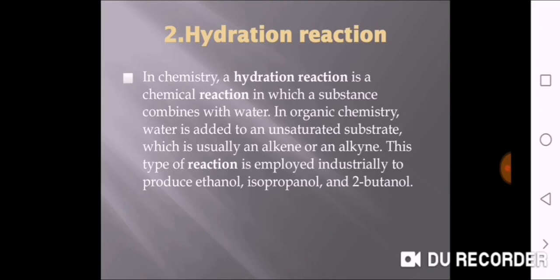Then in this slide we will discuss the hydration reaction. In that reaction, a substance combines with water. In organic chemistry, water is added to an unsaturated substance, which is usually an alkene or alkyne. This type of reaction is employed industrially to produce ethanol, isopropyl alcohol and butanol.